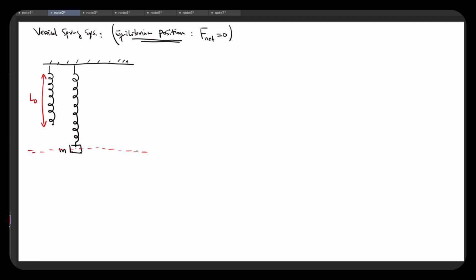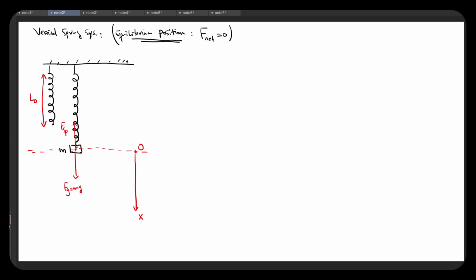So that's the origin O level, and we can say the one-dimensional x-axis is downward. Why is this position called the equilibrium position? If we draw the free body diagram for the mass m, there's a spring force F spring pointing up and gravity pointing downward.